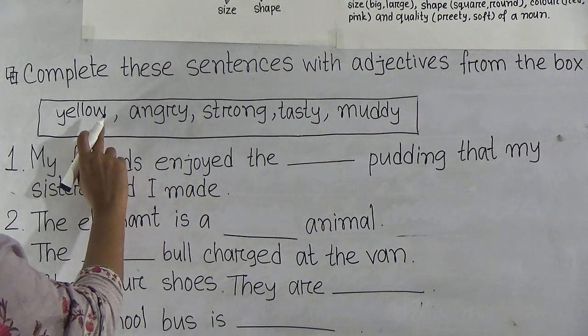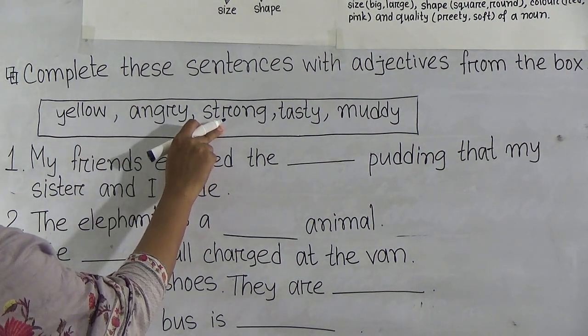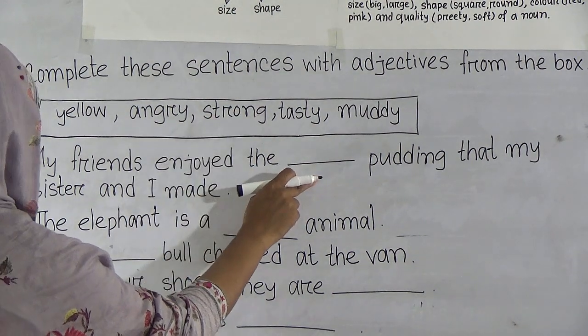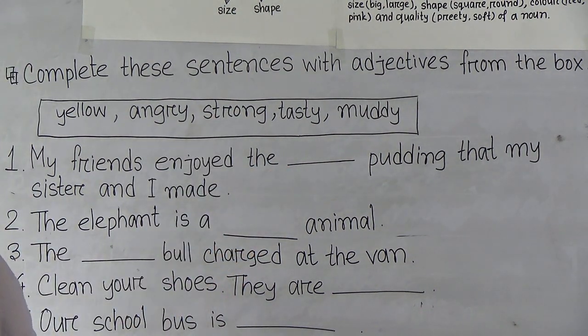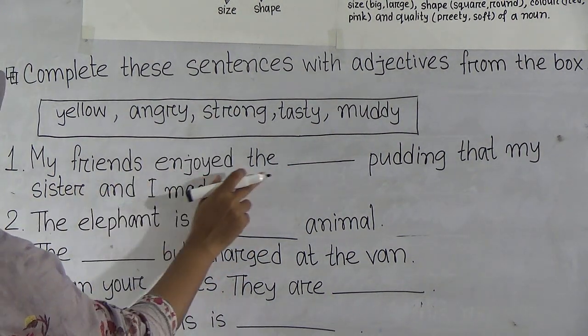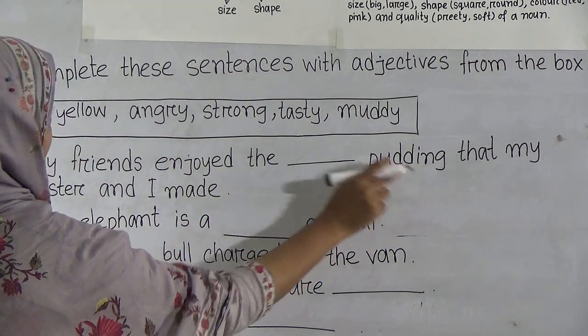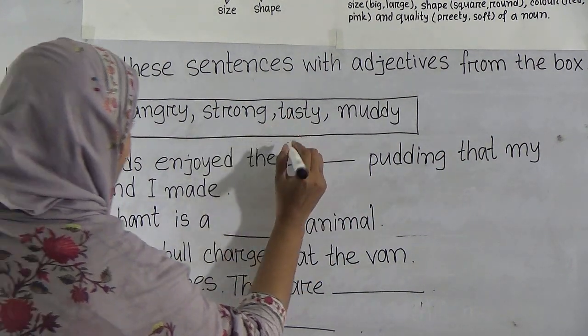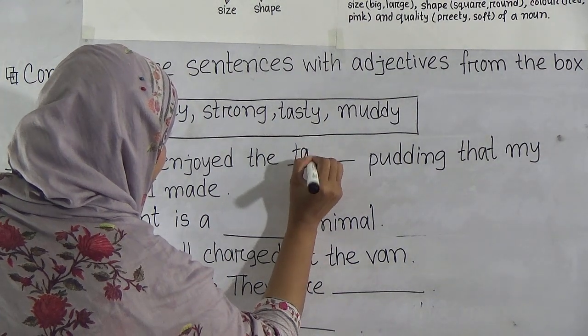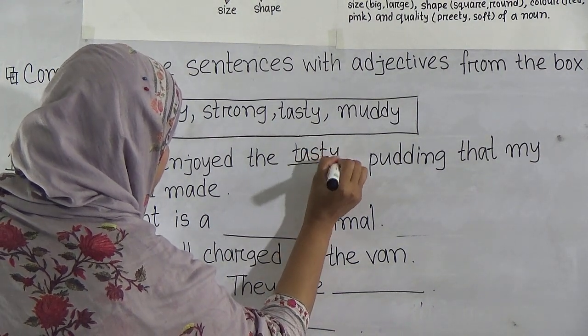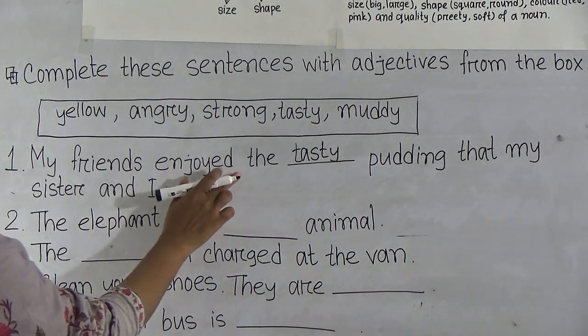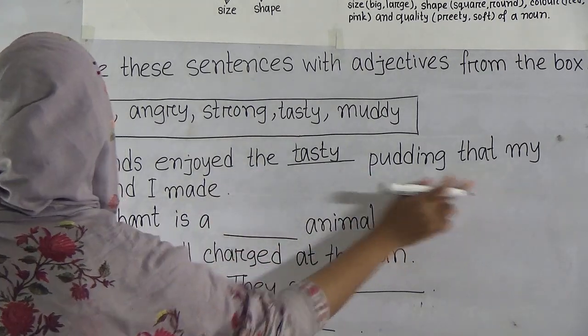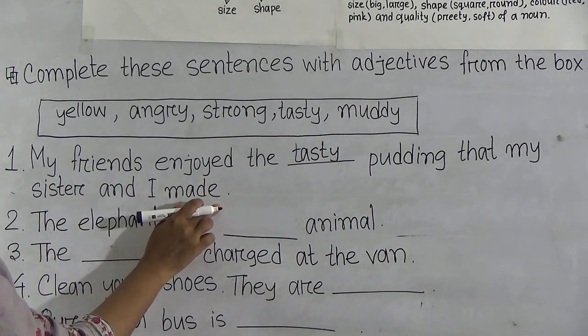You have to select a word from the box and write it here. What can be the word? It will be tasty pudding. My friends enjoyed the tasty pudding that my sister and I made.